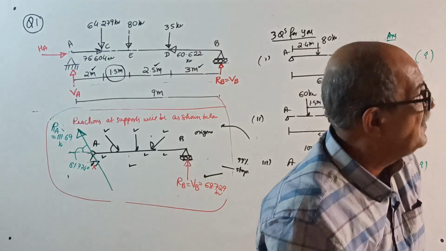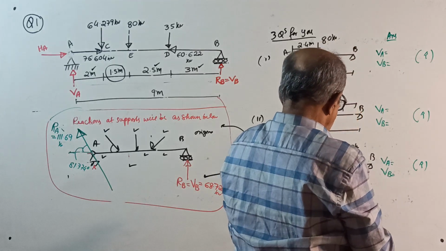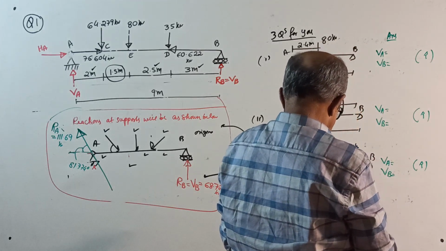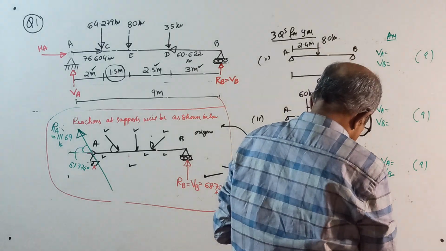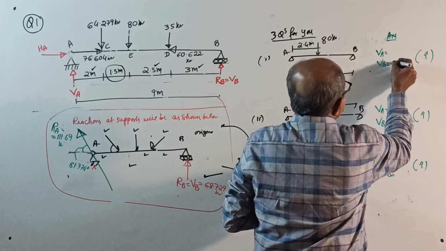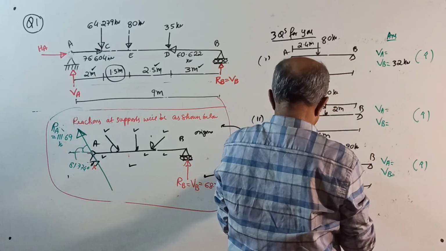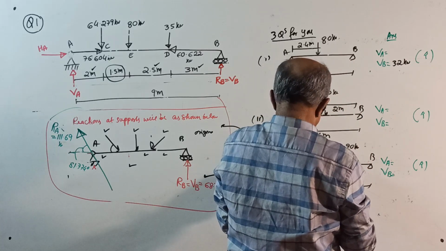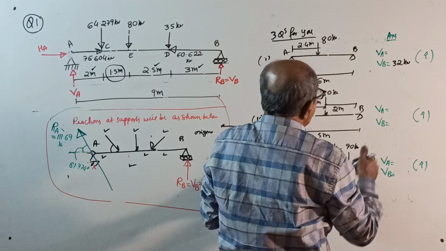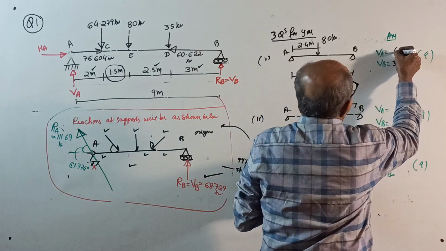I should not solve in the class. VB 32 kilonewton, 48 kilonewton.